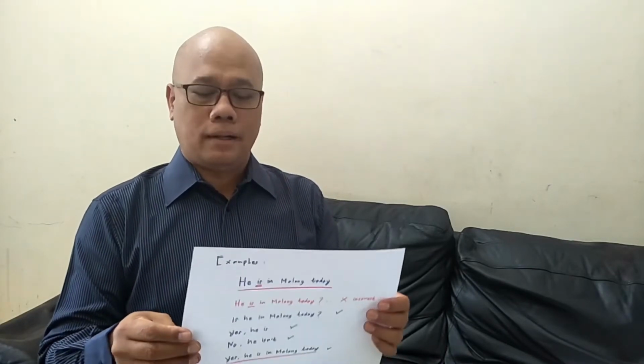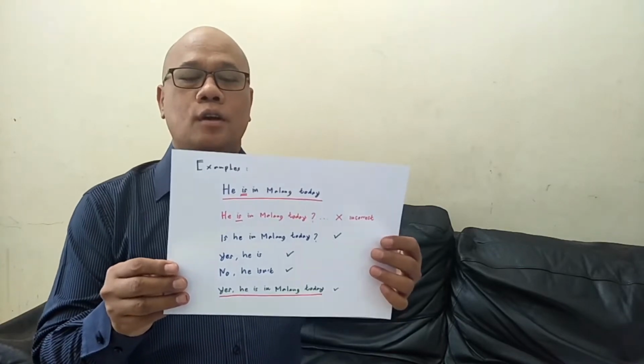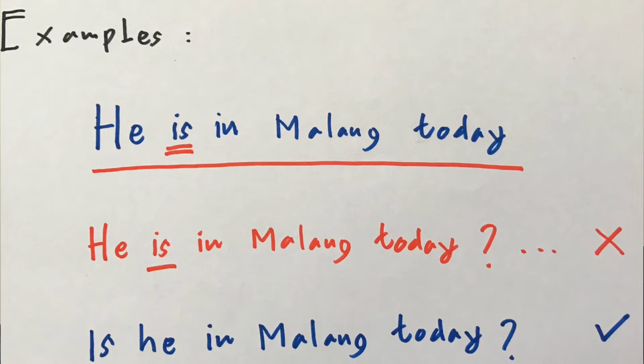Okay, English learners, let's double check some examples in yes-no question. We have a sentence, he is in Malang today. Some people sometimes make a wrong question with the sentence.